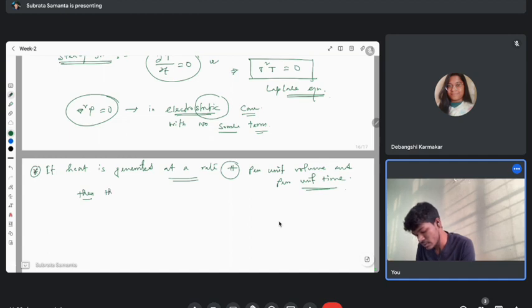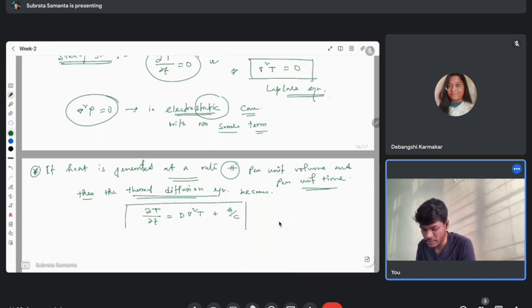Then the thermal diffusion equation becomes modified: del T over del t equals D grad squared T plus h by c.